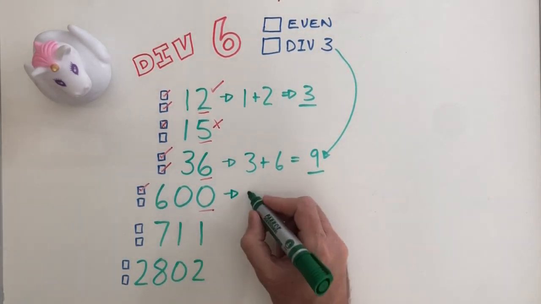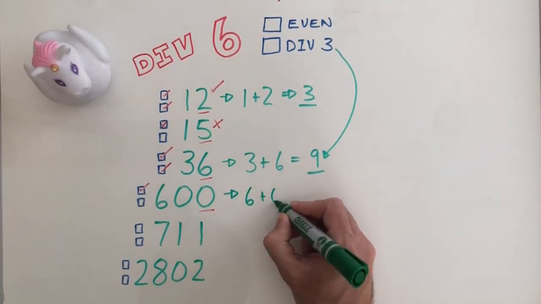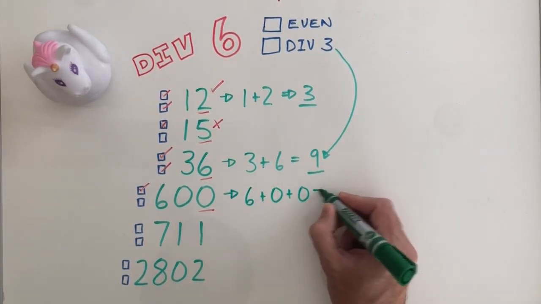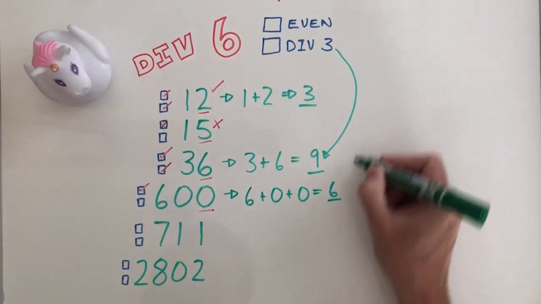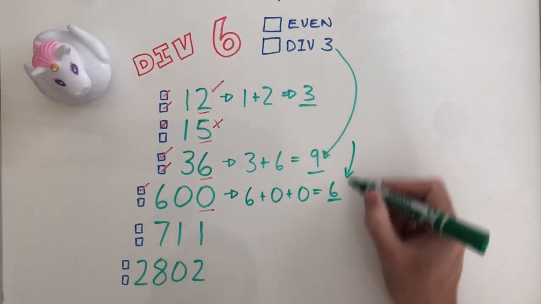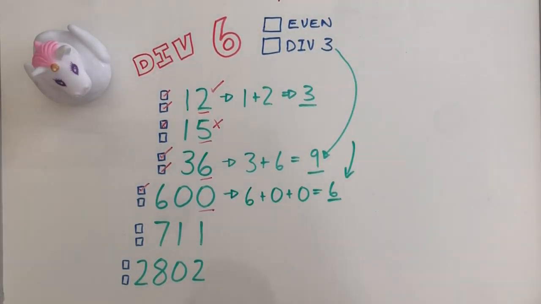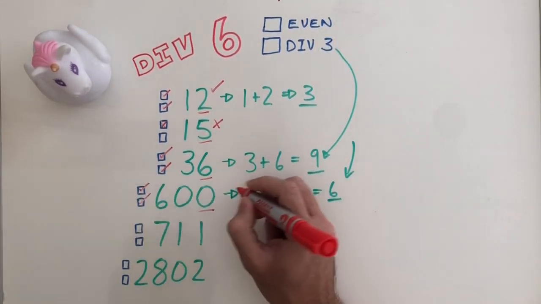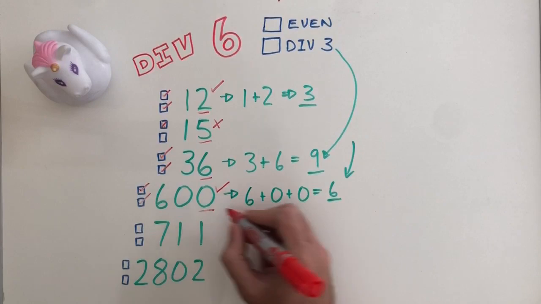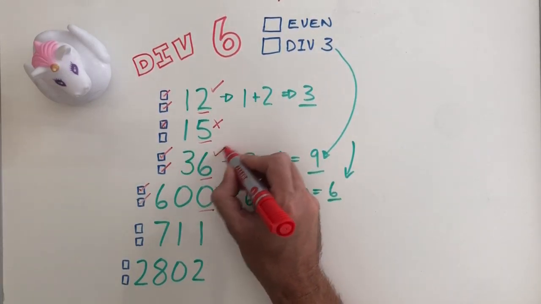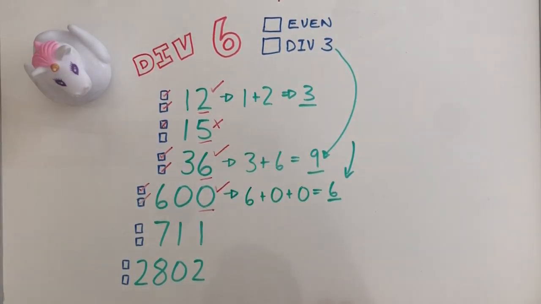For that, I just add the numbers. 6 plus 0 plus 0 is 6. And obviously that works because 3 can go into 6 without any remainder. So in this case, both are true, and I know that 600 is divisible by 6. Oh, I forgot to make the check mark there. Cool.